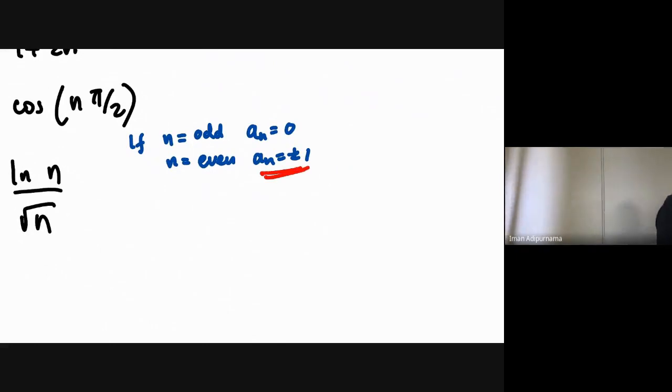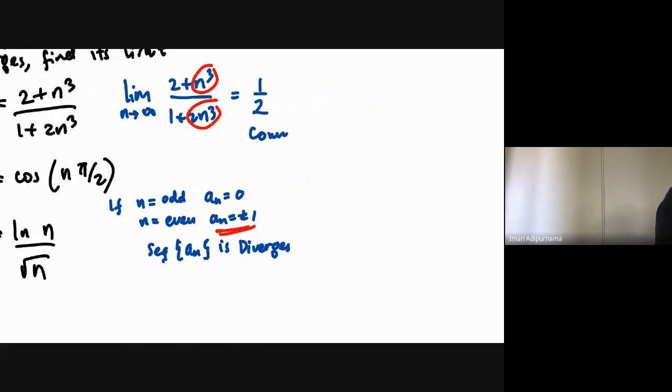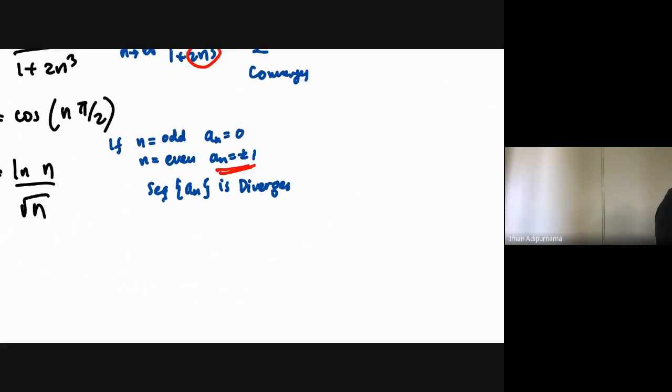Because it has the plus or minus 1, the sequence goes up and down constantly, right? So we can say that the sequence of a_n is diverged. So it's diverged, right?